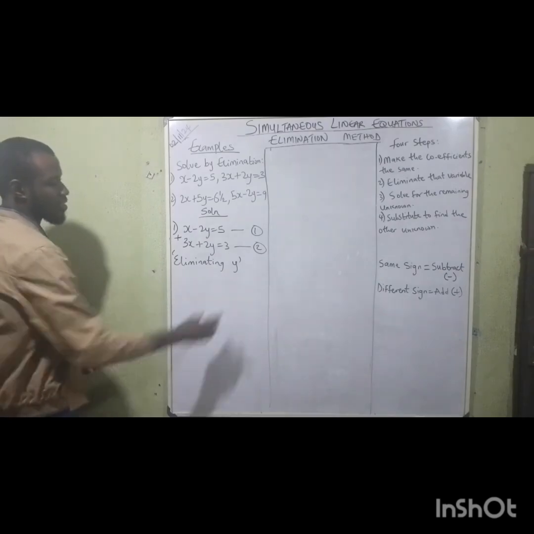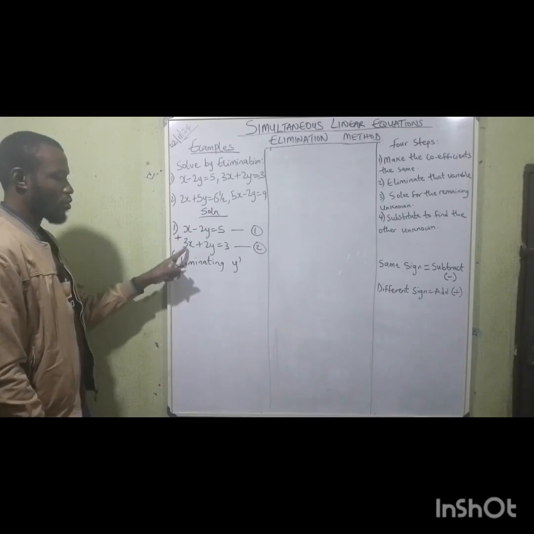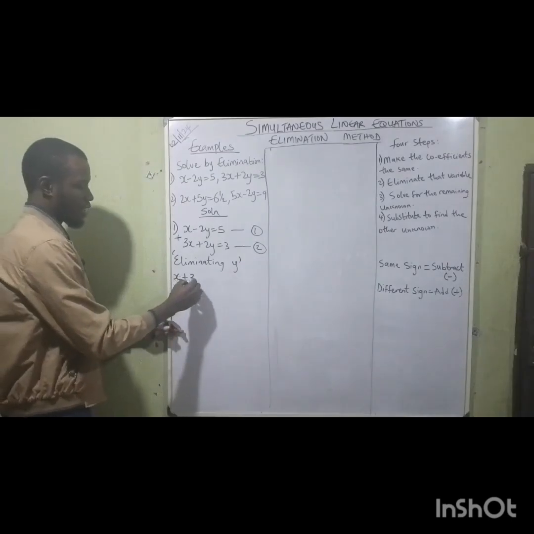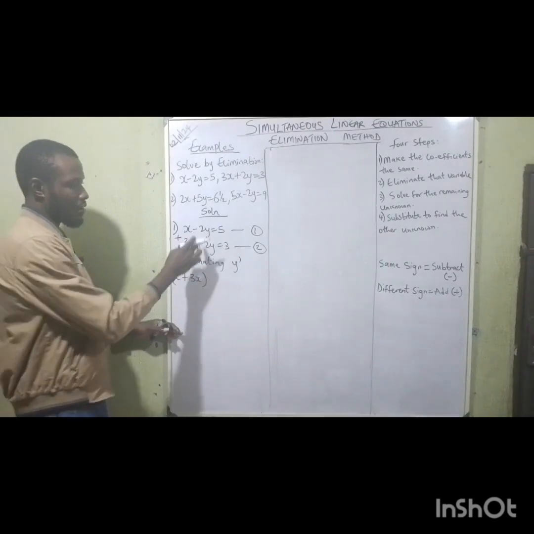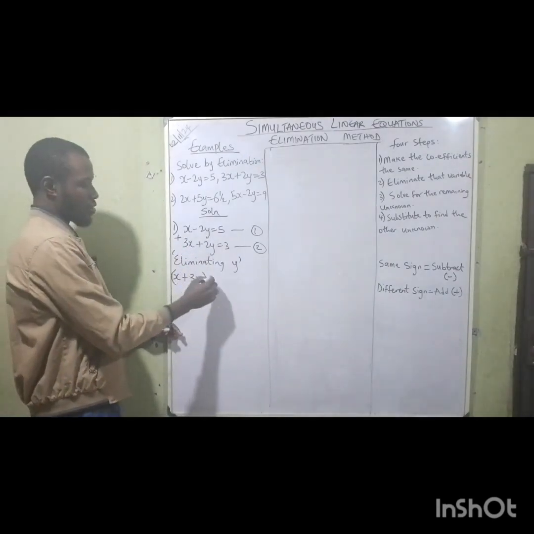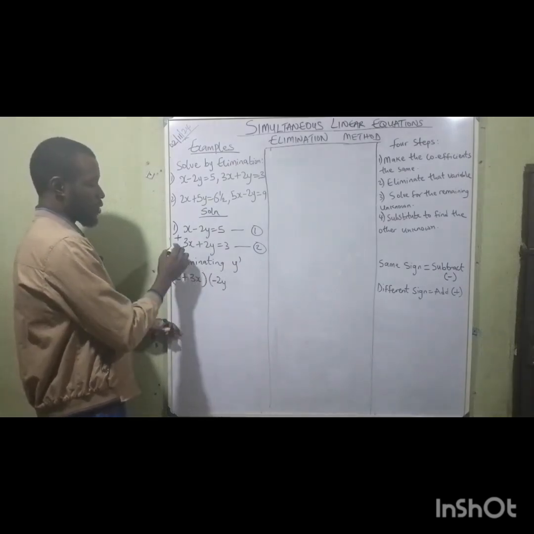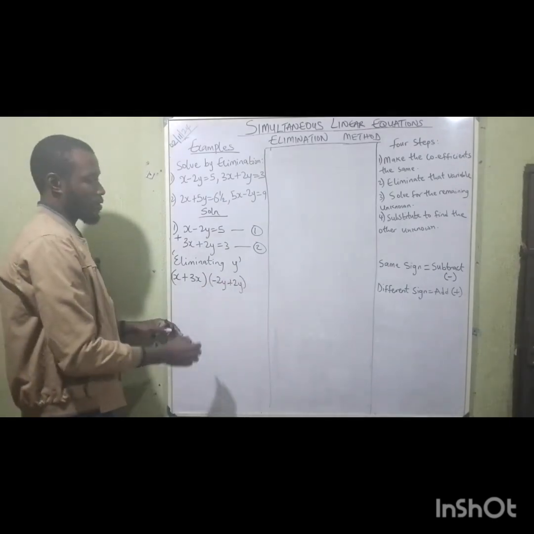Alright, so I will write our answer down here. Now we are going to have, first of all, x plus 3x. Let's add them one by one. I add these two, then I'm going to add these two. Then we have minus 2y plus 2y.